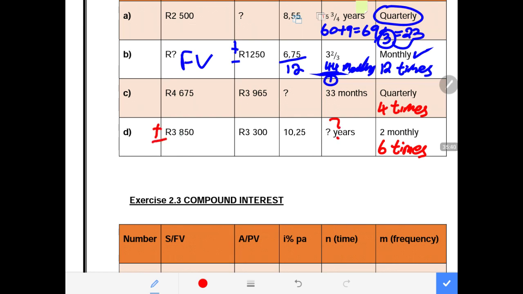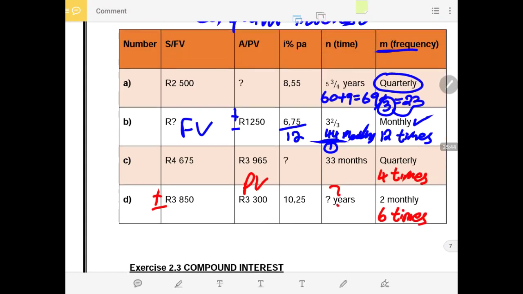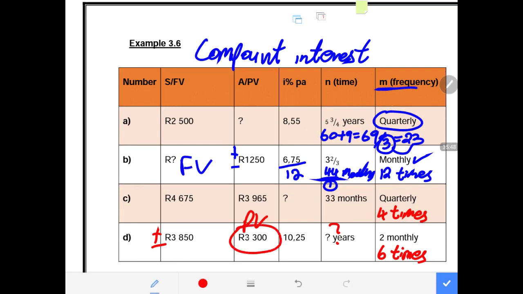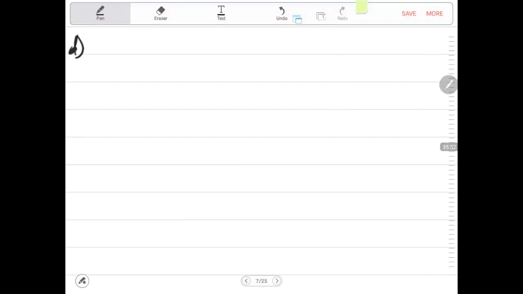3,850 is plus minus future value. Please don't forget, 3,300 is our present value. Remember, future value 3,850 must be our plus minus. Then we have our present value, which is 3,300.